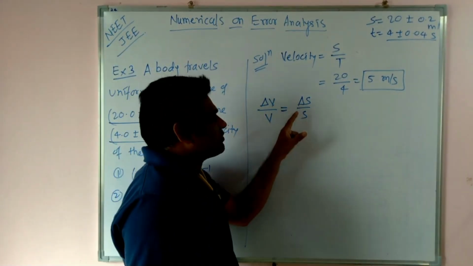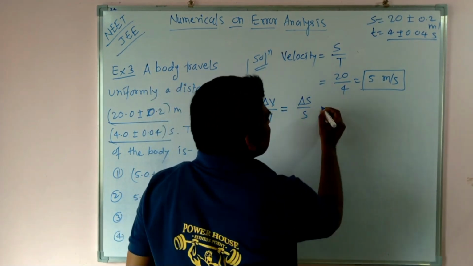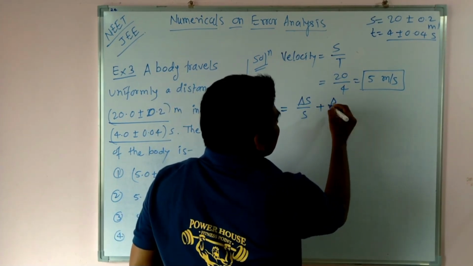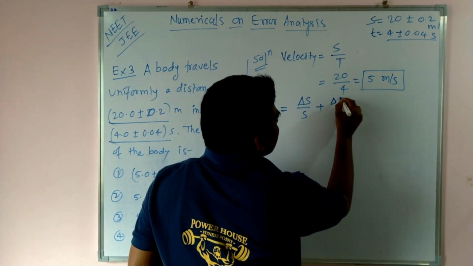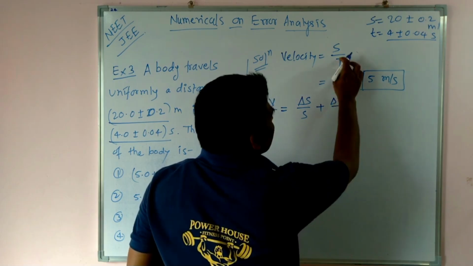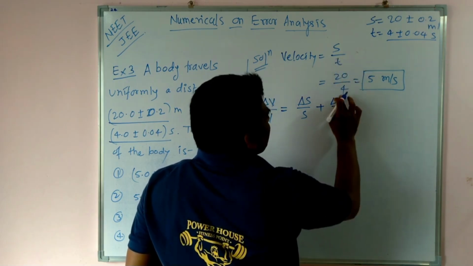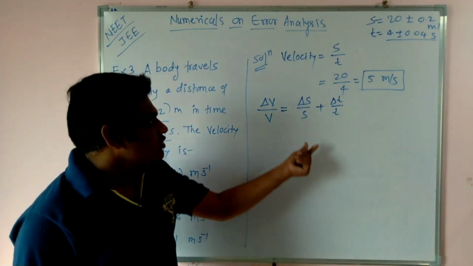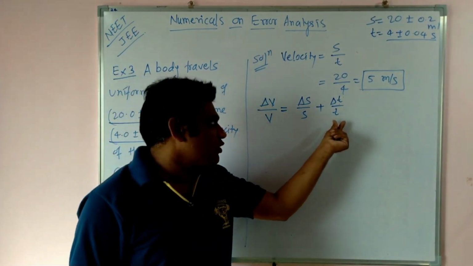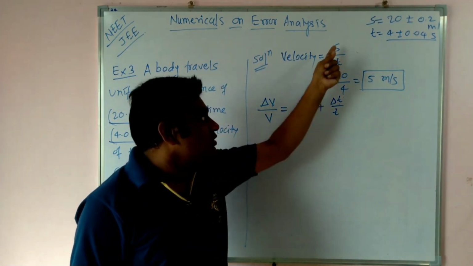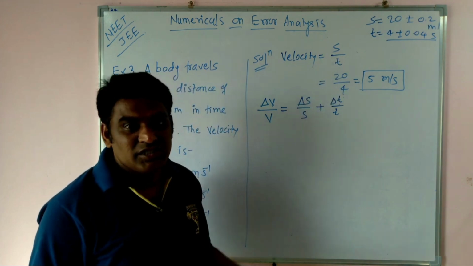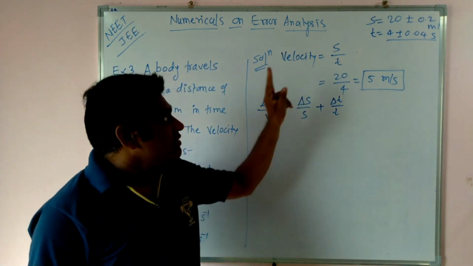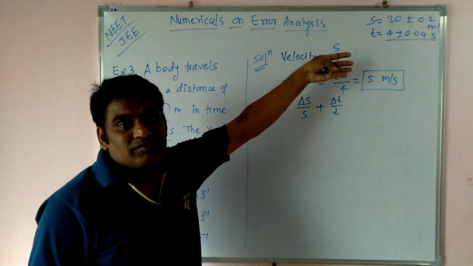So: error in displacement divided by total displacement, plus error in time divided by actual time. In multiplication and in division, we have to add the relative errors.